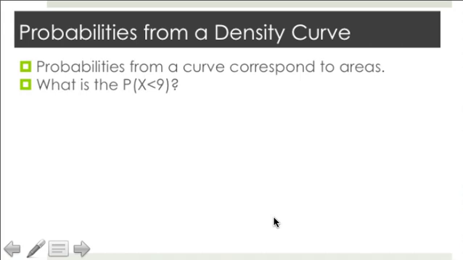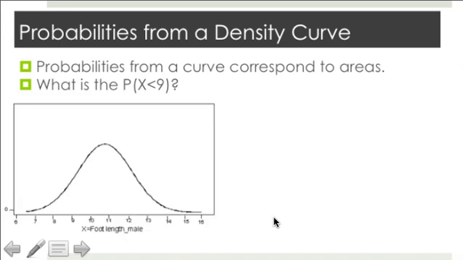To do this, we need to understand the idea that probabilities from a curve correspond once again to areas. So if I were to look at this density curve, what I'm interested in knowing is, if I were to look right here when the size is equal to 9, so imagine a vertical bar here, and then look at everything to the left, what is the total area trapped to the left of 9 between this curve and the horizontal axis.